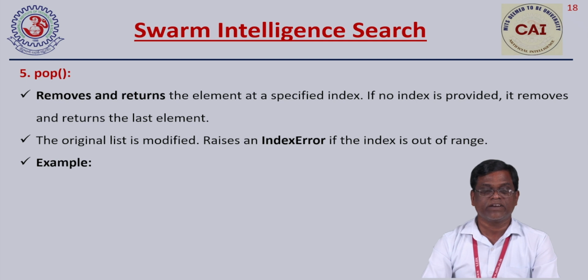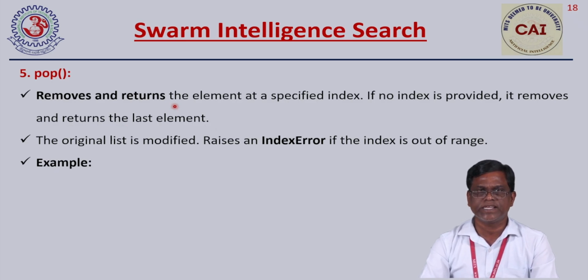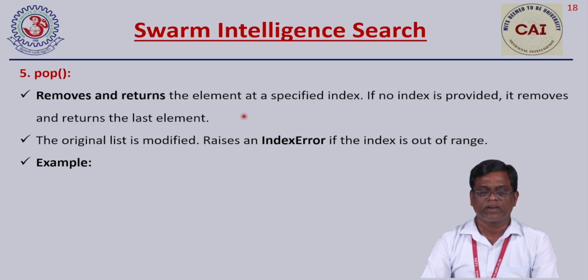So the next method is the pop method. The pop method removes and returns the element at the specified index. If no index is provided, it removes and returns the last element. It is like the remove method, but the difference is it will remove the element and return the removed element as a return value to the user.